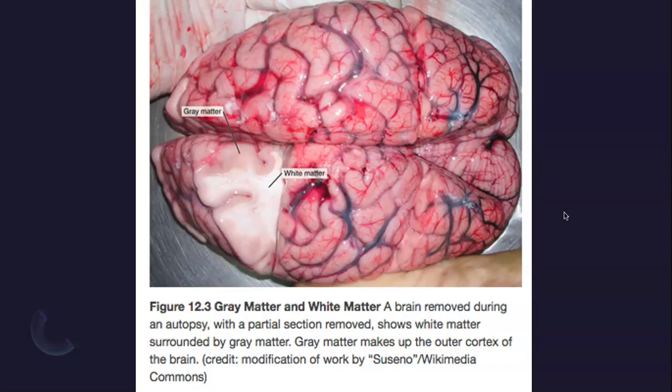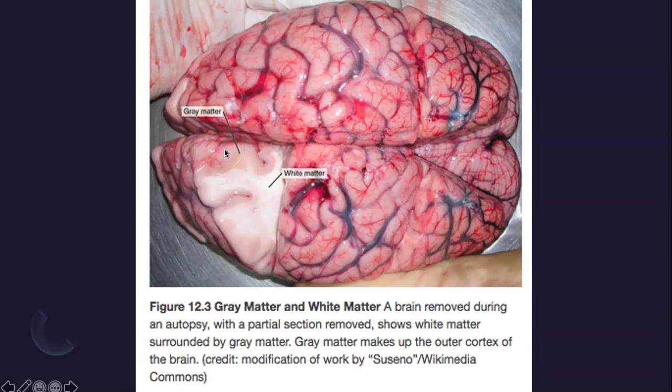So the distinction between gray matter and white matter, we talk about that more when we are talking about the central nervous tissue, because there's going to be large regions that you can actually see with the unaided eye. So when you look at a structure like this brain here, even when we're not looking at it under the microscope, you can see large sections of both white matter and what is called gray matter.